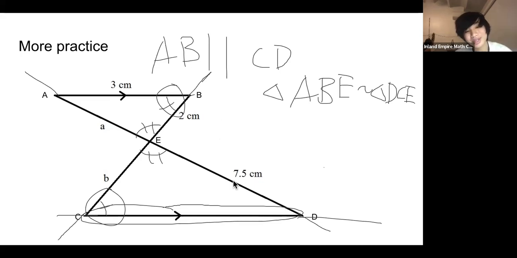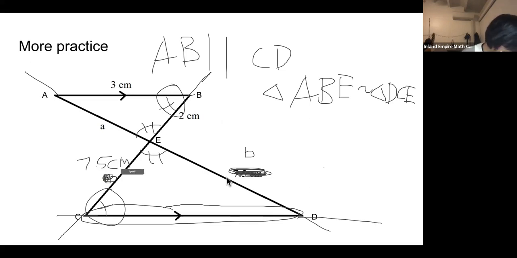Okay, I think there's a bit of a mistake in this question, but instead of assuming that it's 7.5 centimeters, we'll find this length B. And instead of this being an unknown length, we'll say that this one is 7.5 centimeters. So this length right here is 7.5 centimeters.